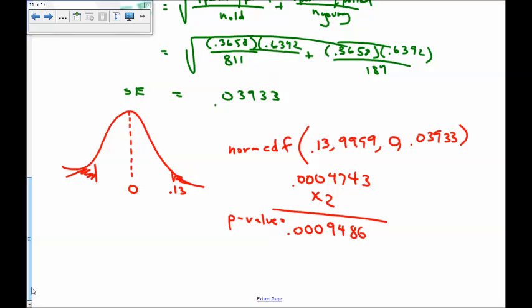So the next thing we do is state the conclusion in context, and it goes like this.